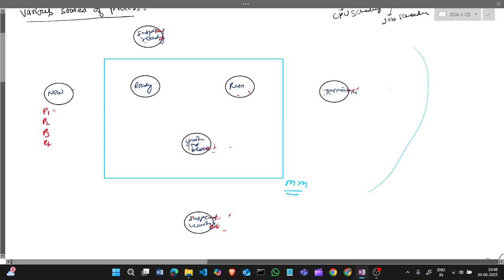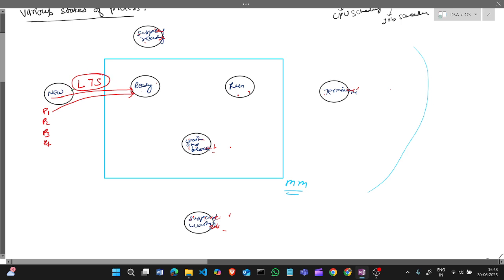Bringing these programs from the secondary memory, from the new state to the ready state, is done by the long term scheduler, LTS. The long term scheduler brings the program from the new state to the ready state. Now this program is called a process. So we can say it is bringing the processes from the new state to the ready state. It is done by the LTS.